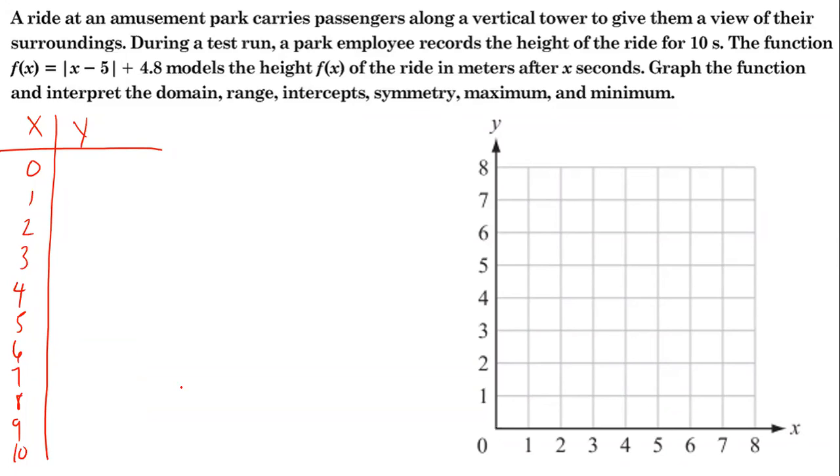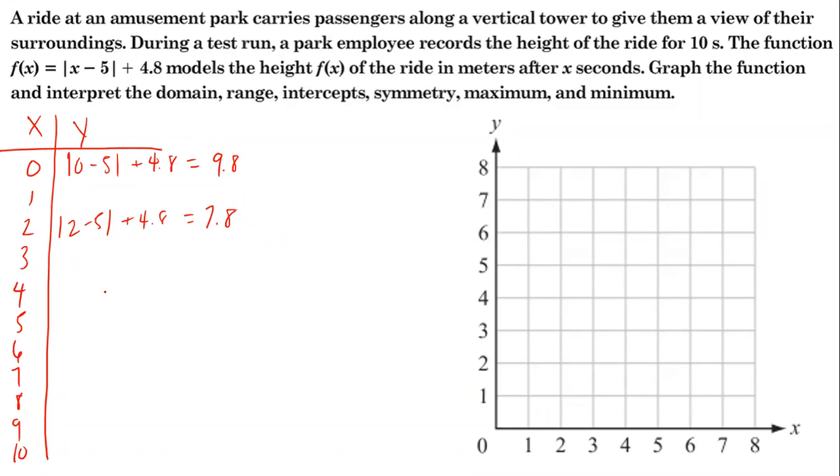For me, I would probably just identify points. So I would do 0, of course. The absolute value of 0 minus 5 plus 4 and 8/10 is going to give me 9 and 8/10. I would skip 1, go to 2. 2 minus 5 plus 4 and 8/10 equals 7 and 8/10.